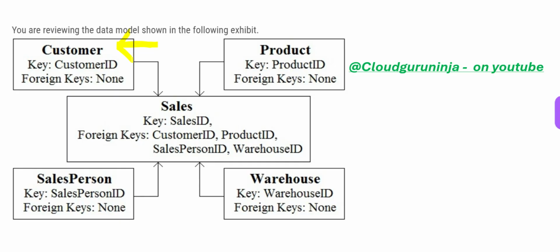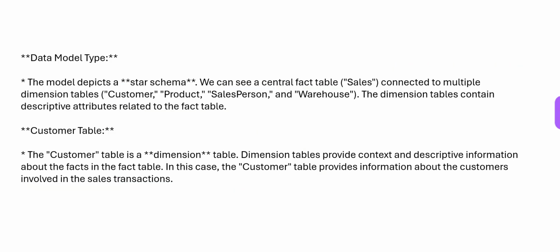This table is the fact, and that one is a dimension. It's obvious: this is the fact because sales ID and customer ID are all linked. Customer is a dimension table. You can read this, but dimension tables provide context and descriptive information about the facts in the table.